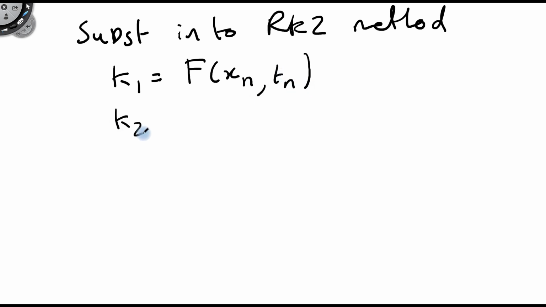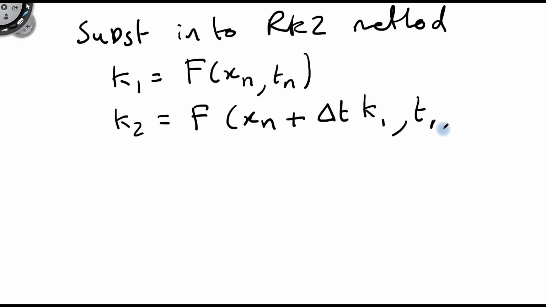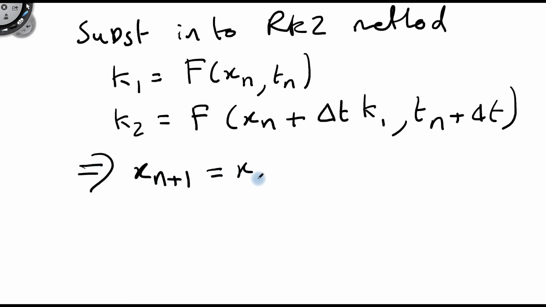Then we have K2, which is f evaluated at x of n plus delta t K1, and t of n plus delta t. And then putting it together implies x n plus 1 equals x of n plus delta t on 2 times K1 plus K2.